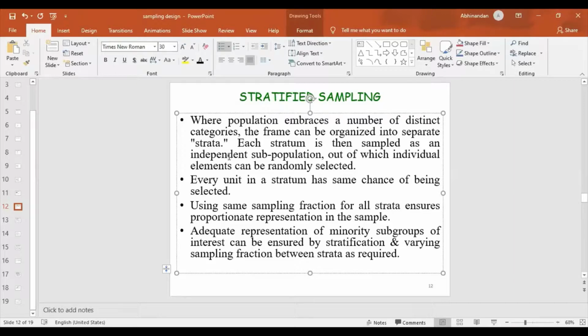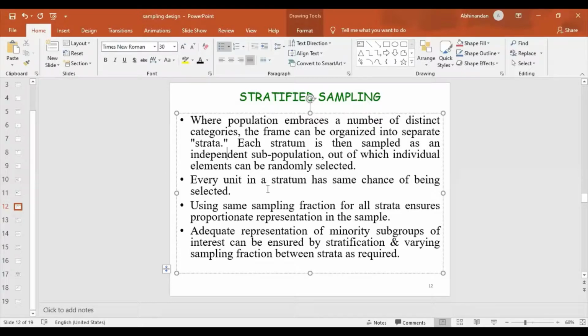For example, first I divide the college teachers by designation, like professor, and then among professors I select randomly, among assistant professors I select randomly, and among guest faculty I select randomly. This is called the stratified sampling technique.